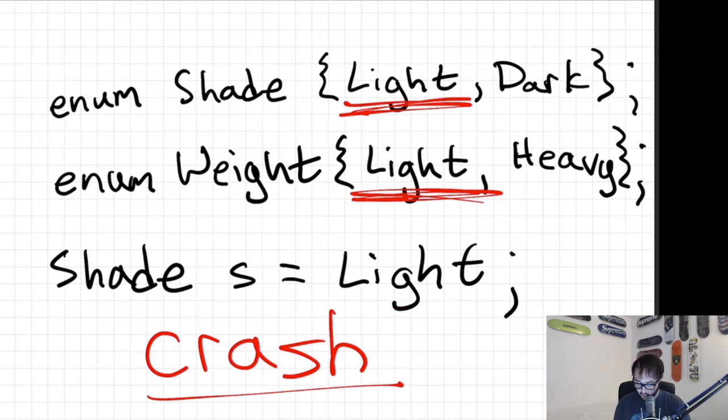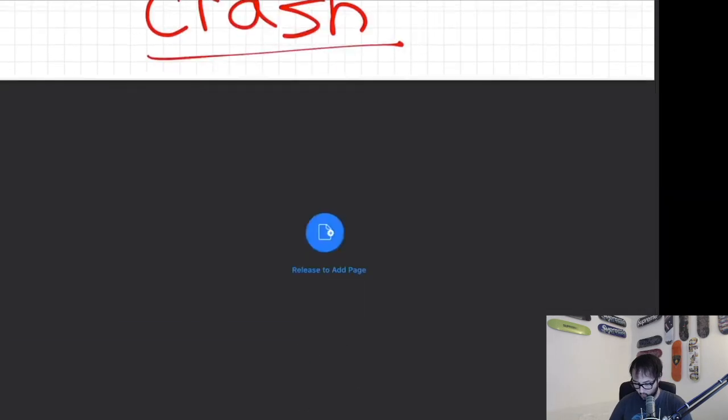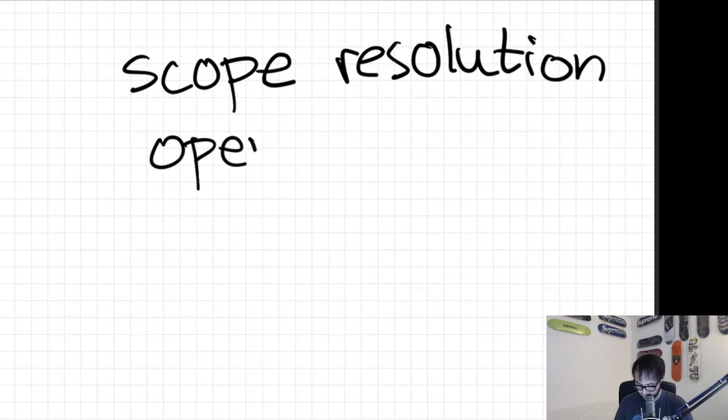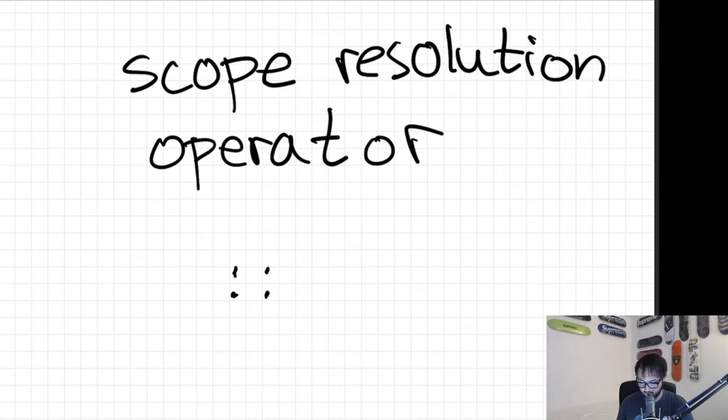So we need to talk about one last operator for today. It's called the scope resolution operator, and that's just going to be 2 colons next to each other.